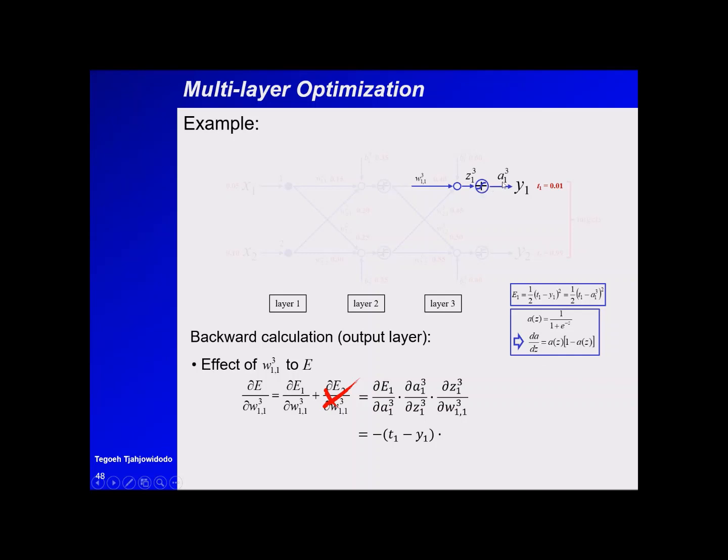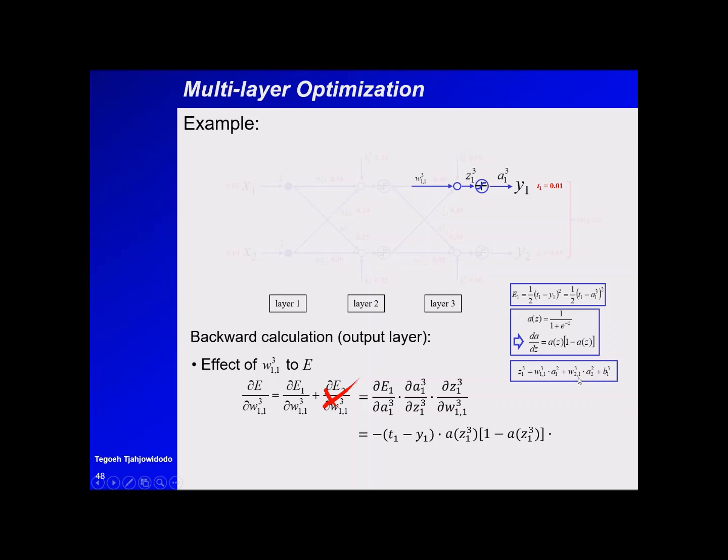The first derivative of A13 with respect to Z13 will be equal to A13 times 1 minus A13. So it will be like this. And then the last one here, the first derivative of Z13 with respect to W113, we just have to come up with the expression of Z13 as a function of W113, which is this one, right?